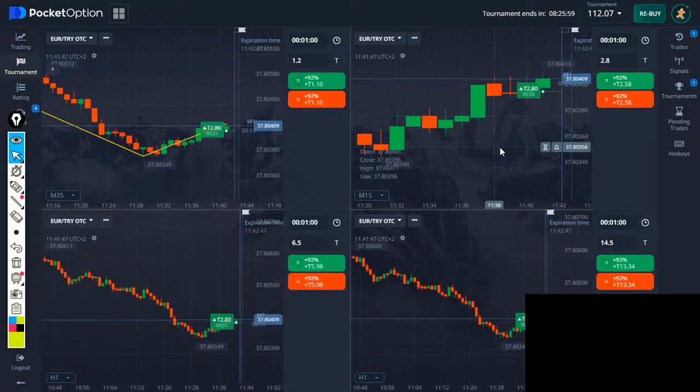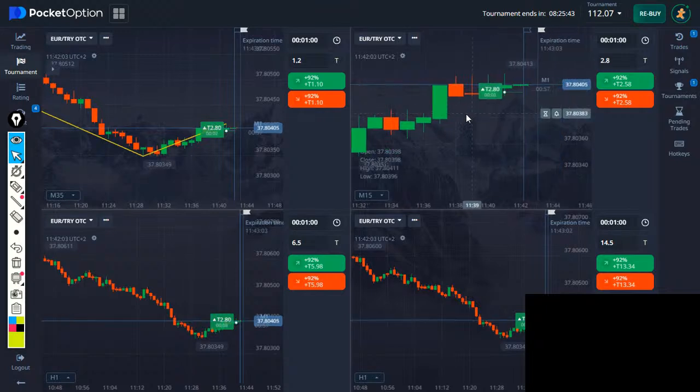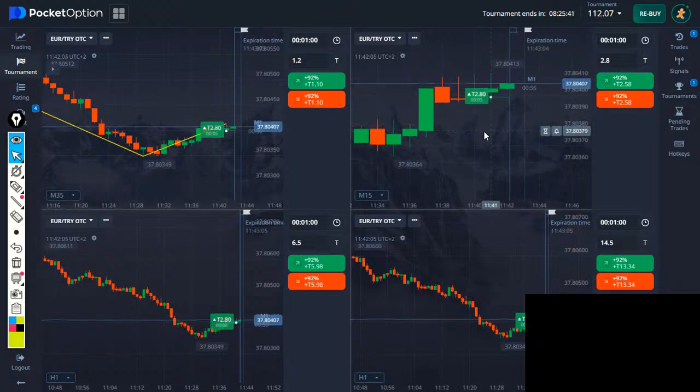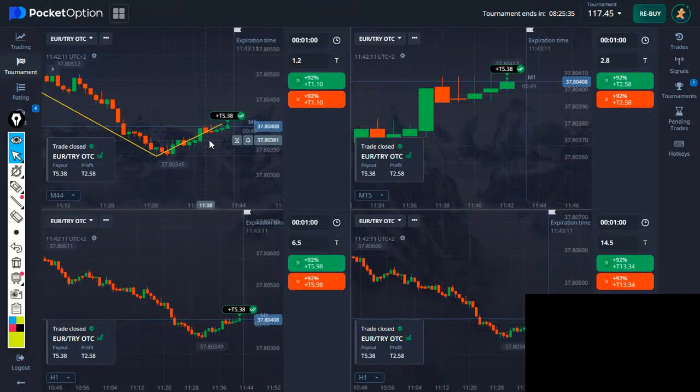Also, remember, don't linger too long on a single currency pair. Let's see, 10 seconds left. Nice. Beautiful.